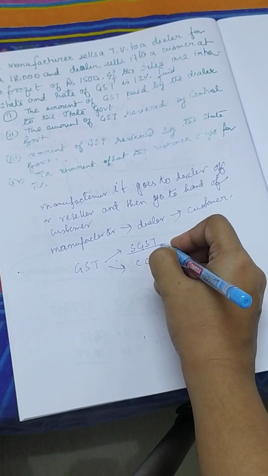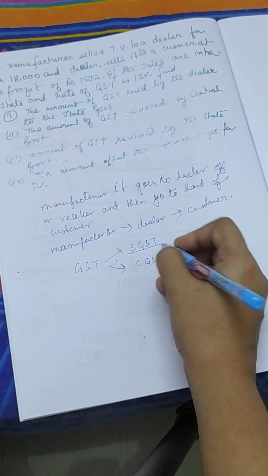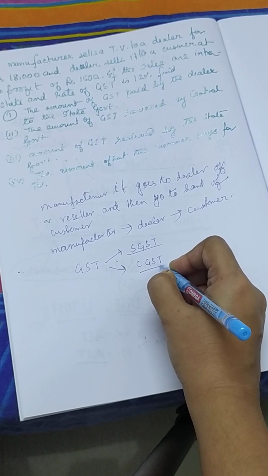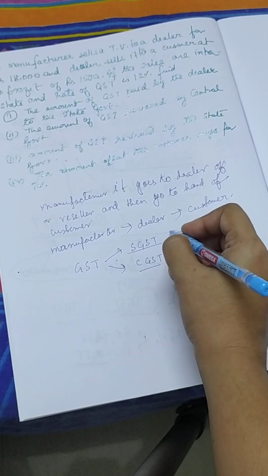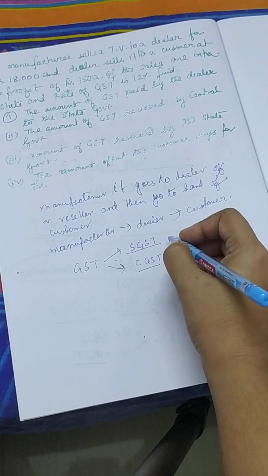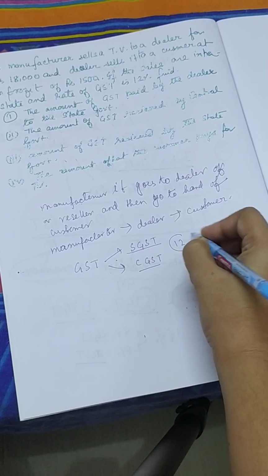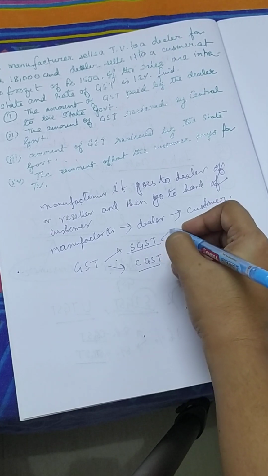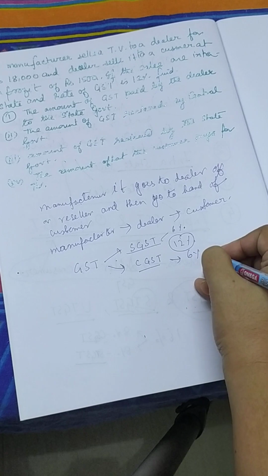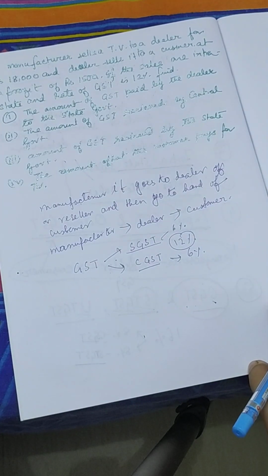That means state goods and services tax, central government goods and services tax. And here also the rate will be equal, half. That means if it is 12%, then 6% will go to the state government and 6% will go to the central government. Okay.